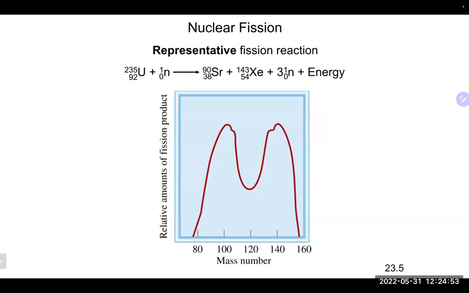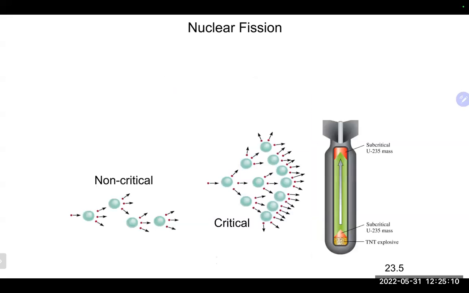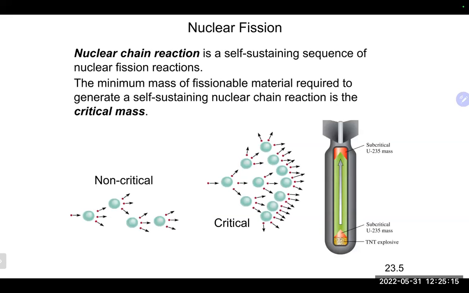Now, you don't always get these same two new elements formed here. These are peaks of mass numbers that commonly form, but you're not guaranteed the same two will always come out if you shoot a neutron at uranium-235. So let's talk a little more about the nuclear fission reaction.